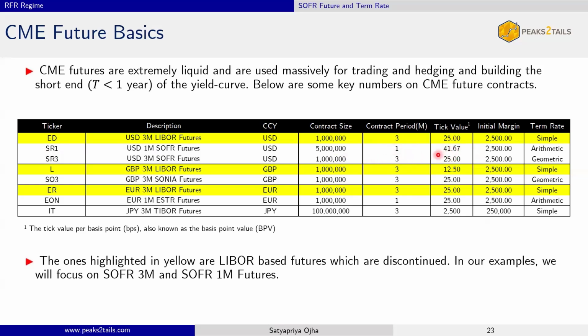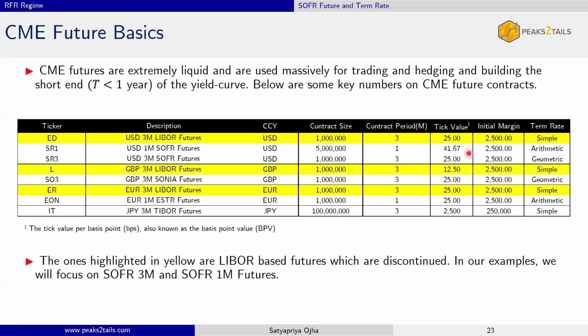Tick value basically means if there is 1 basis point change in the underlying rate, what is the change in value of the notional? And how is the rate calculated? Is it geometric or arithmetic? As I mentioned, geometric is the most popular convention, but arithmetic is used as part of 1 month future. So 3 month future uses geometric rate, 1 month future uses arithmetic rate.